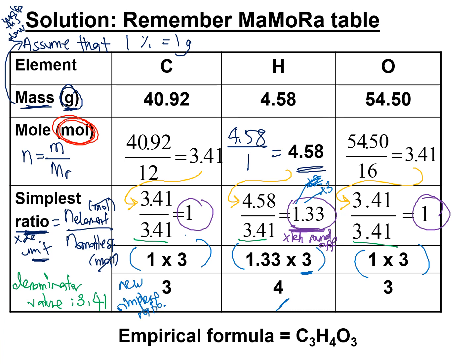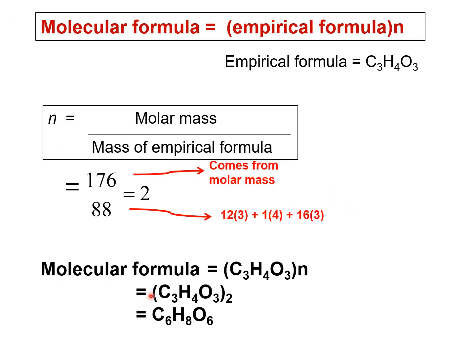So, you tahulah simplest ratio untuk karbon adalah 3. Simplest ratio untuk hidrogen 4. Simplest ratio untuk oksigen 3. Jadinya, empirical formula untuk ascorbic acid adalah C3H4O3. Okay?